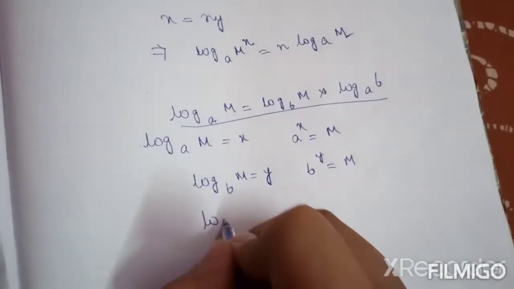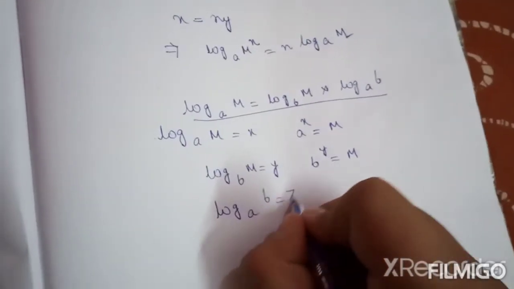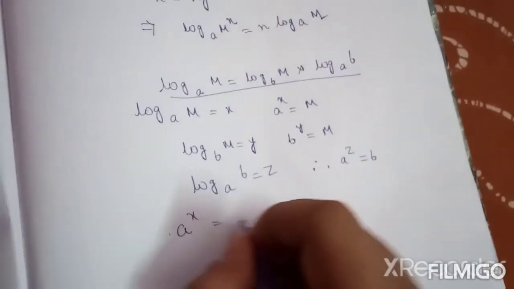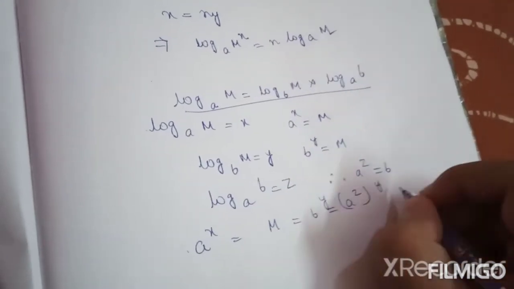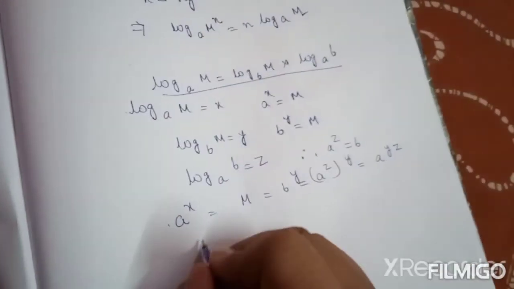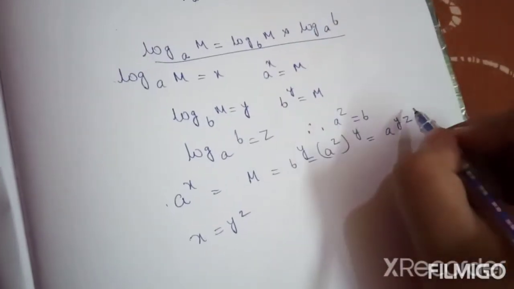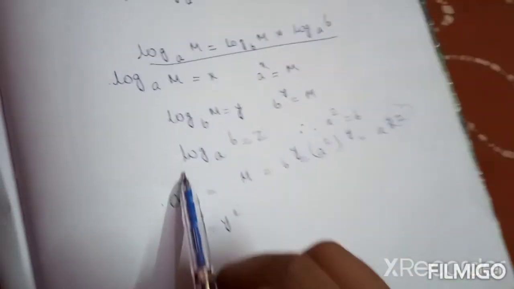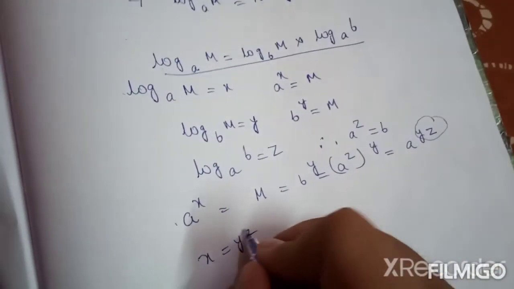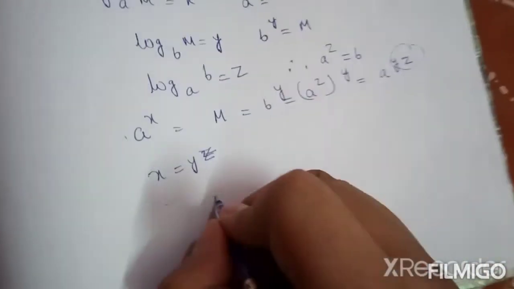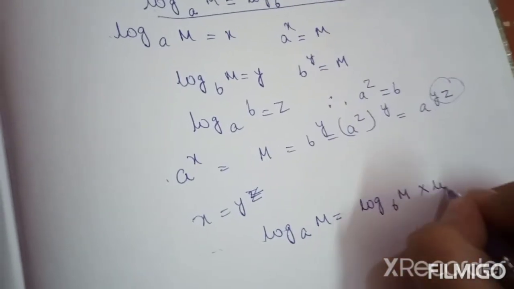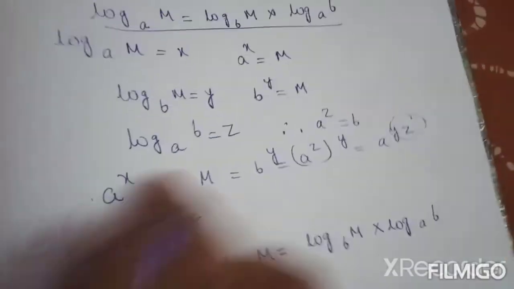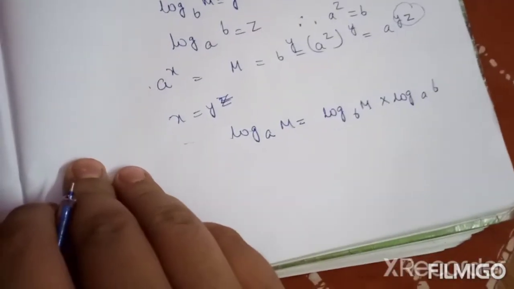Here we'll take another variable, log a base b equal to z, which means a to the power z equals b. So a to the power x equals m equals b to the power y, which equals a to the power z to the power y, which is equal to a to the power yz. So we have proved that x equals yz, as the bases are the same and the powers are also the same. So log a base m equals log b base m into log a base b. We'll put the values of x, y and z.